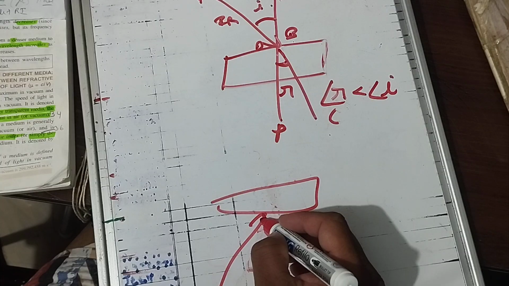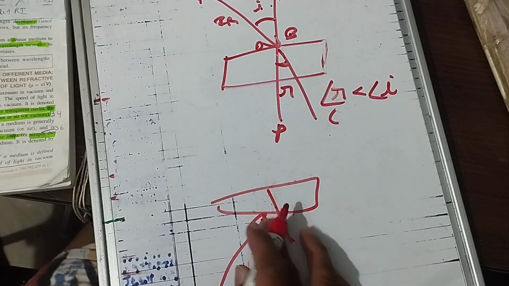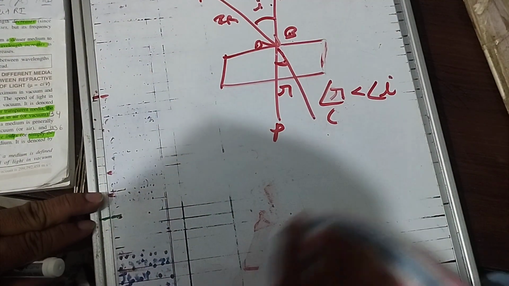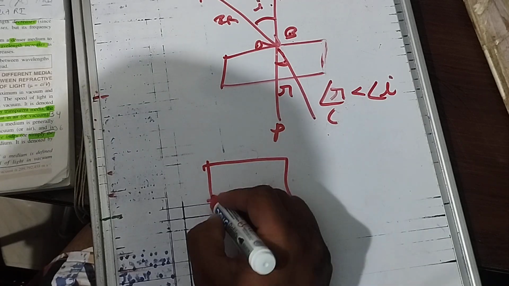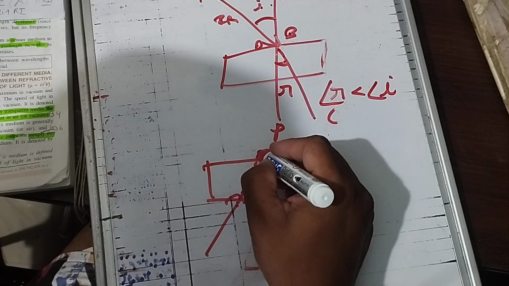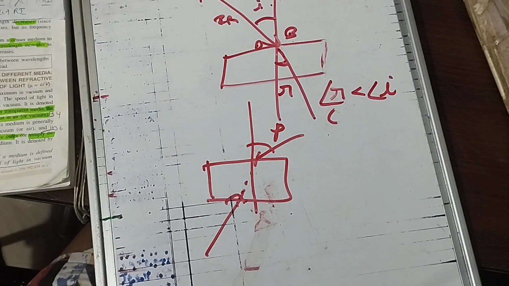When light travels from denser to rarer, it comes out from here like this. This is the normal; it goes away from the normal. When it travels from denser to rarer, it goes away from the normal.